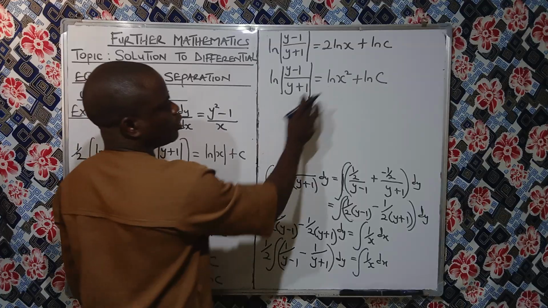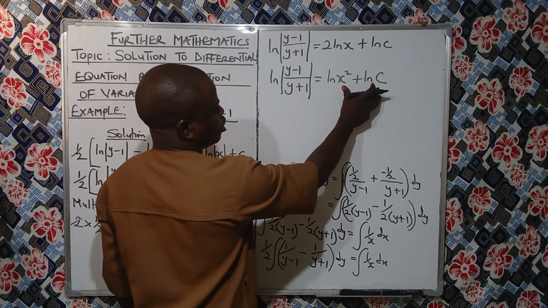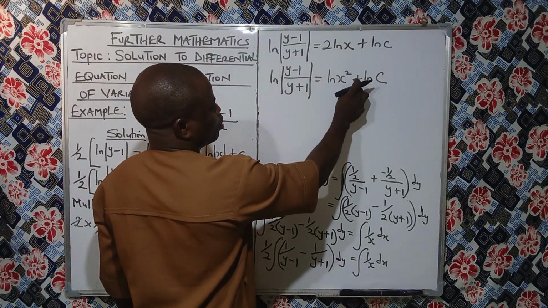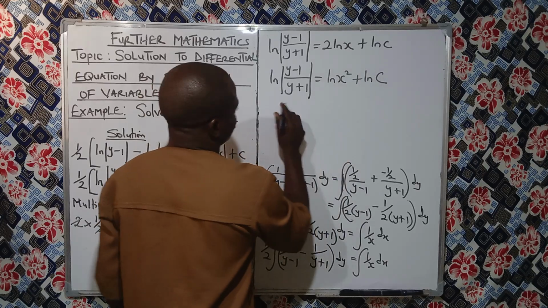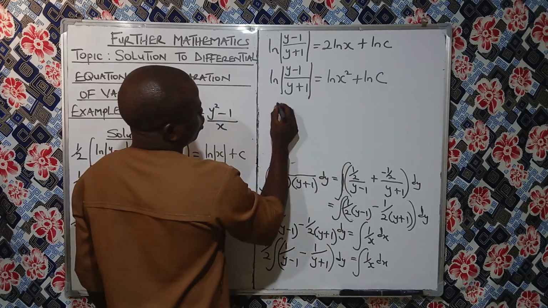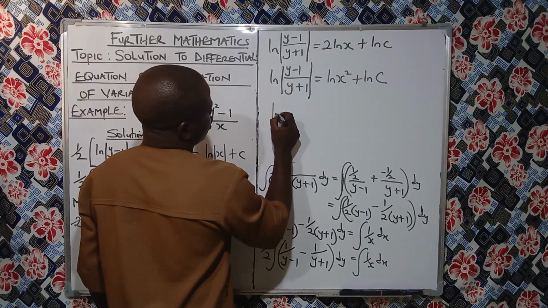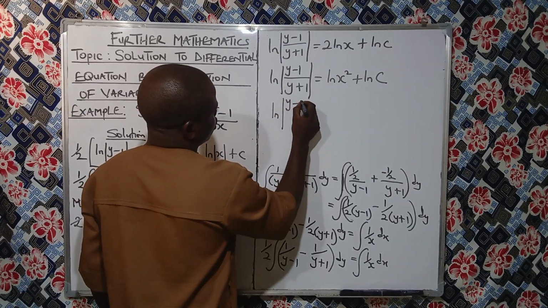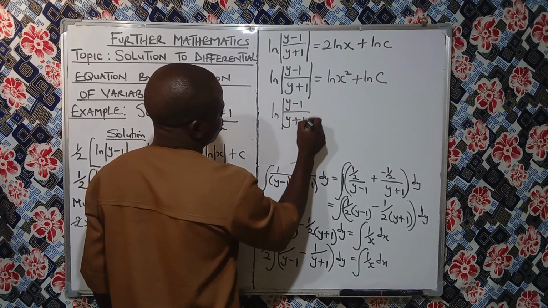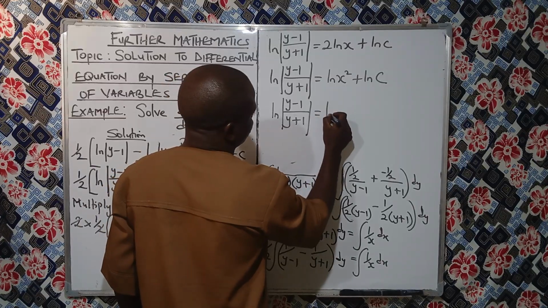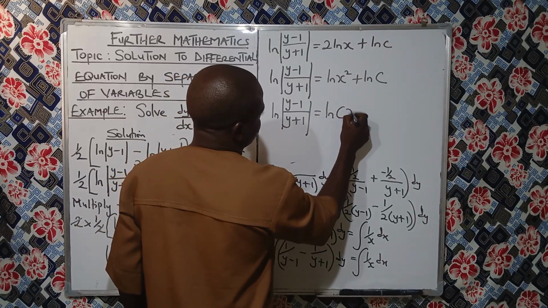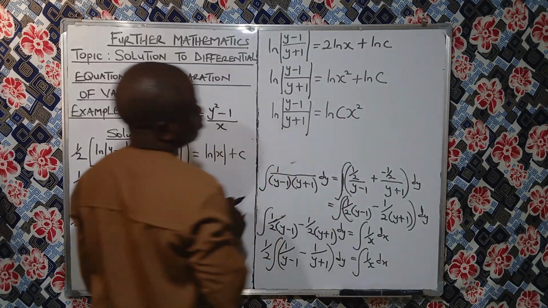In indices, when you are using ln to represent the two expressions, addition turns to multiplication. ln y minus 1 over y plus 1 equals ln c x squared.